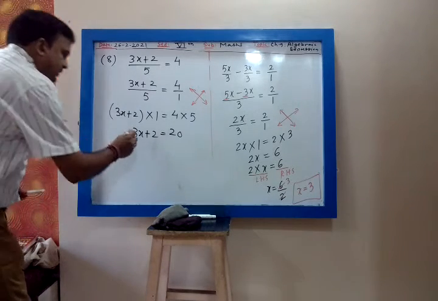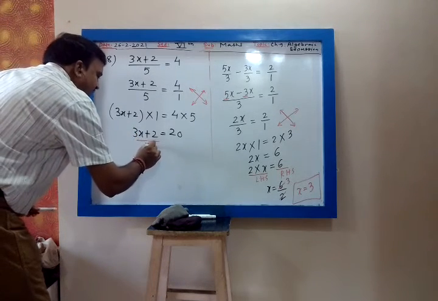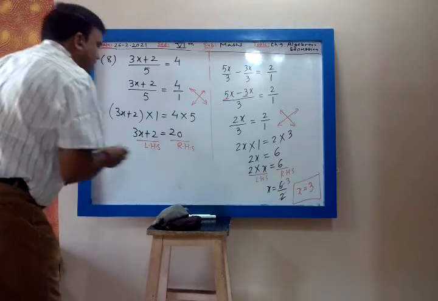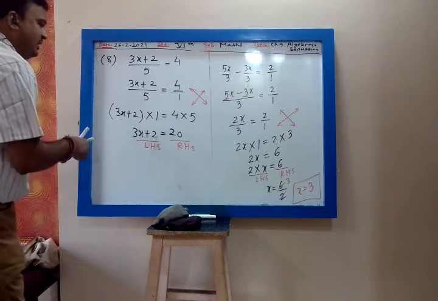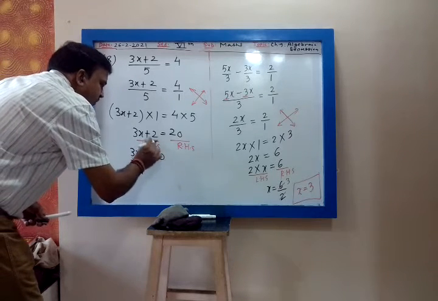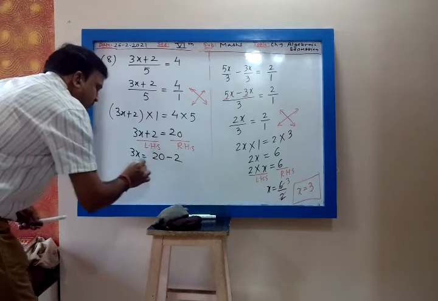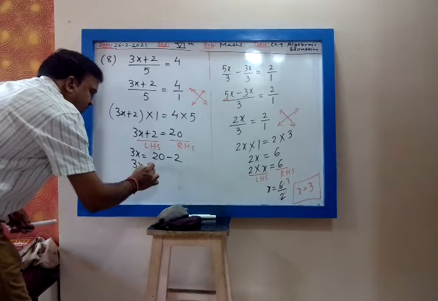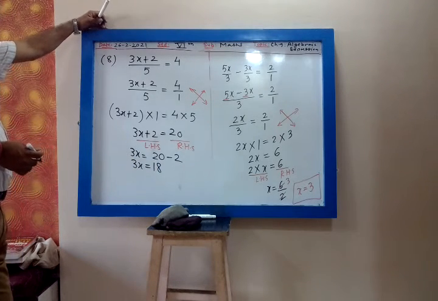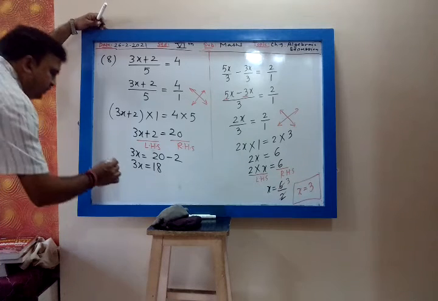So this is my left hand side and this is my right hand side. Now I will take the number 2 from the left hand side to the right hand side. So 3x is equal to 20 minus 2. Plus 2 becomes minus 2. So 3x is equal to 20 minus 2, 18. What do you mean by 3x? 3 into x.